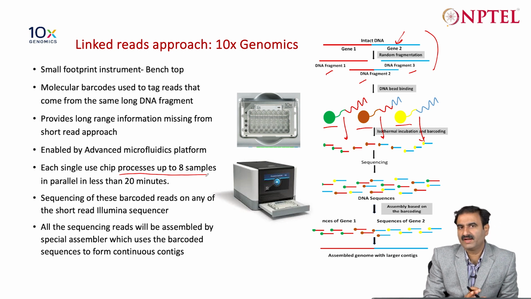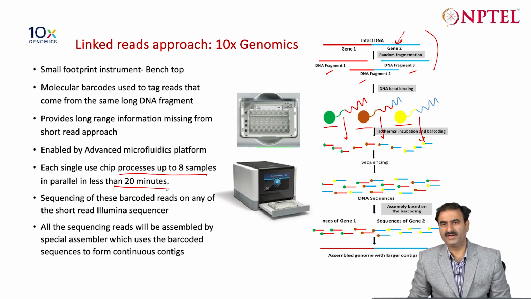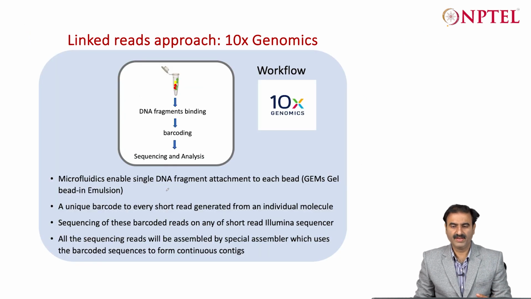So that means 8 different libraries you can load here, which can be done in less than 20 minutes, so it is fast also, and these libraries can then be used for any Illumina instrument. So an Illumina read sequencer basically, right, and then followed by the analysis using Supernova, or before that the 10x scripts that we will see.